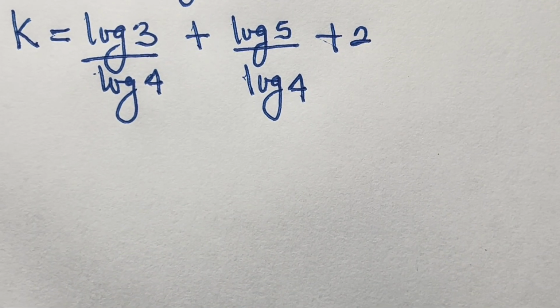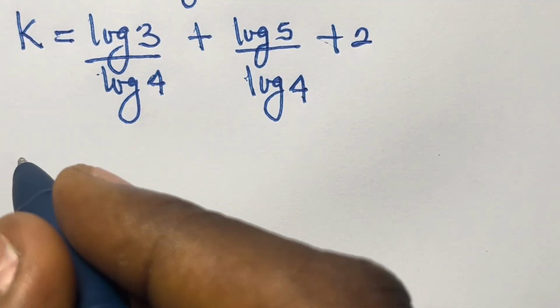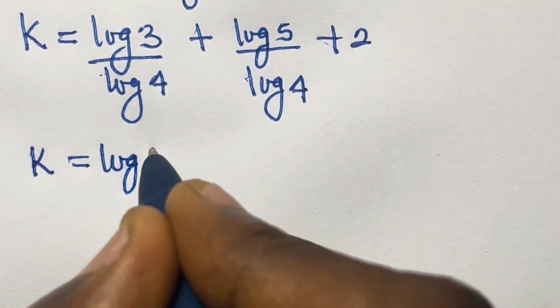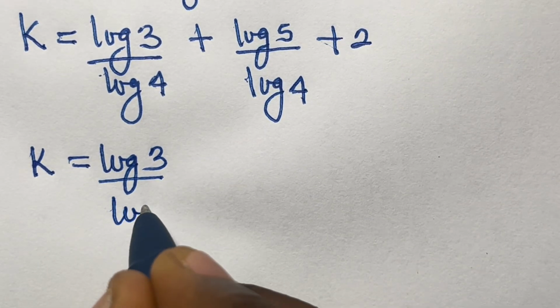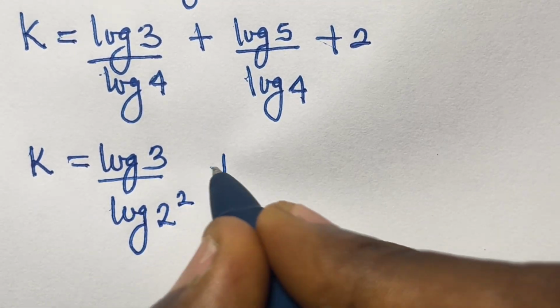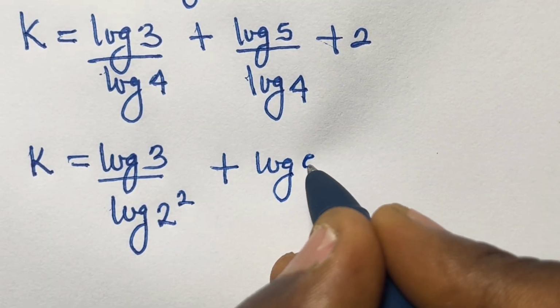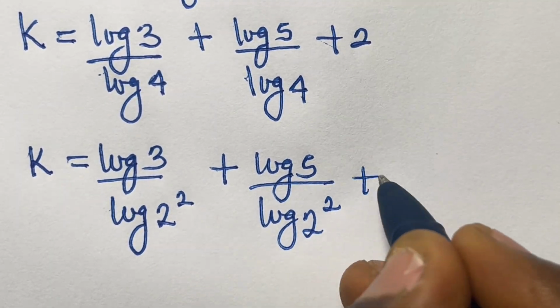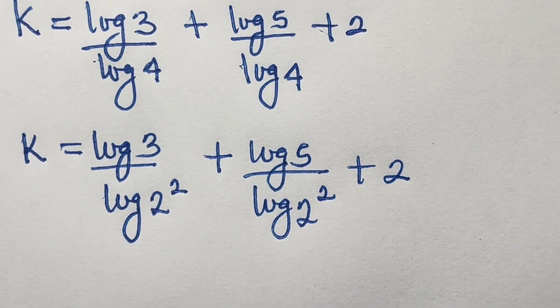So from here now, we'll have k equals log 3 divided by log, we express 4 as 2 raised to the power 2, plus log 5 divided by log 2 raised to the power 2, plus 2, right?